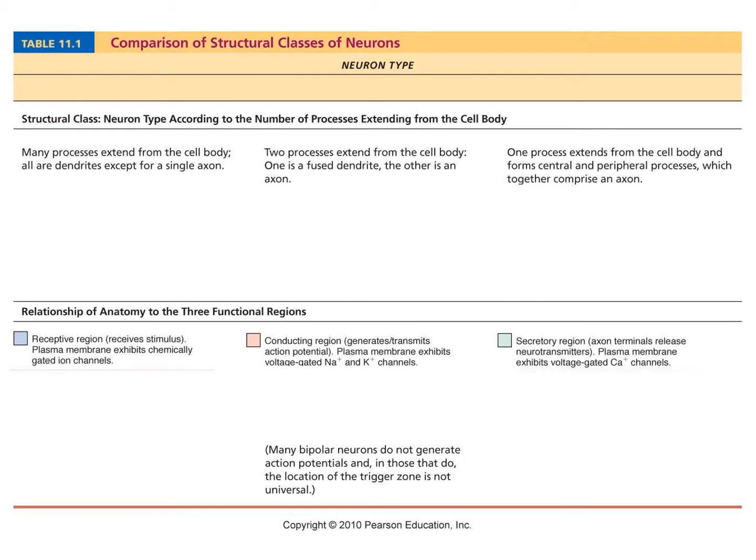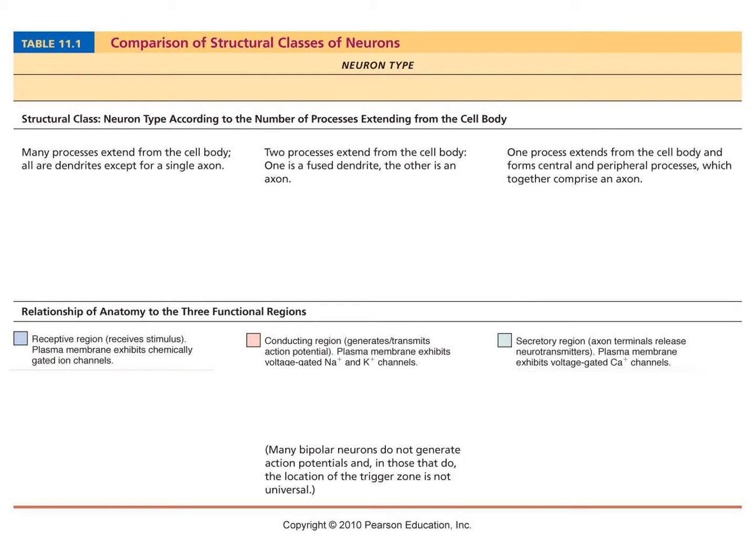A lot of these are going to be chemically gated ion channels. This is something that you saw in the motor end plate in muscle tissue: a channel that opens up in response to some sort of signal or neurotransmitter binding to it. There are other varieties of ion channels in this region, but we'll discuss those in more detail, I believe, in the second PowerPoint in this series.